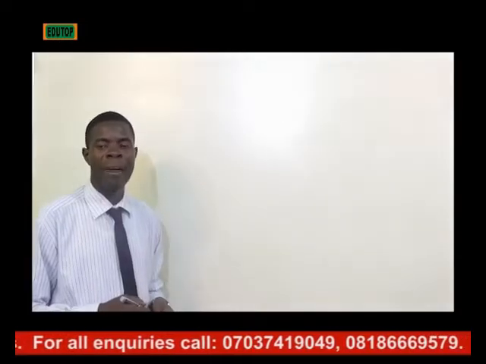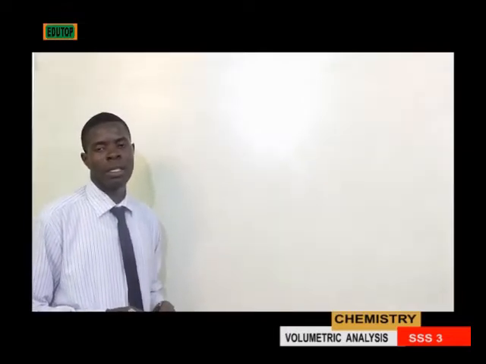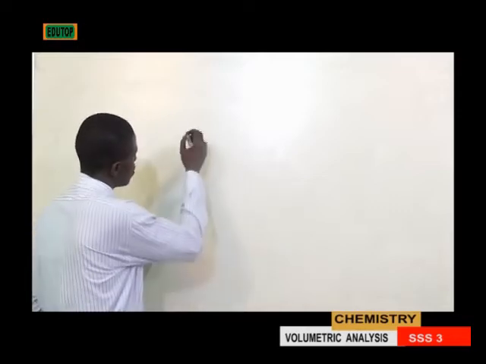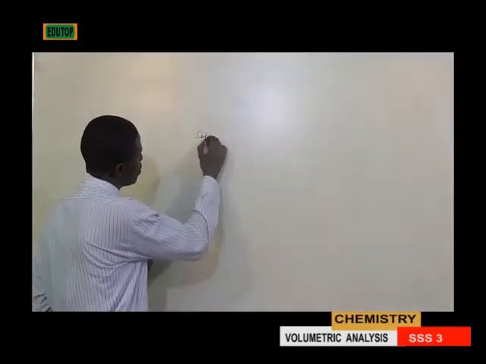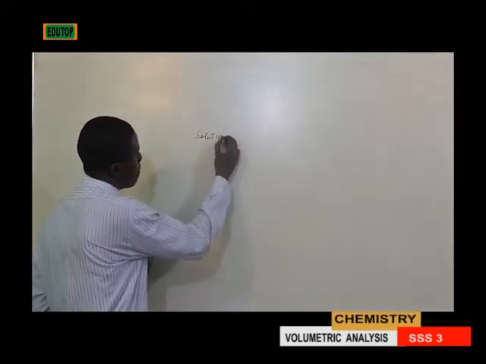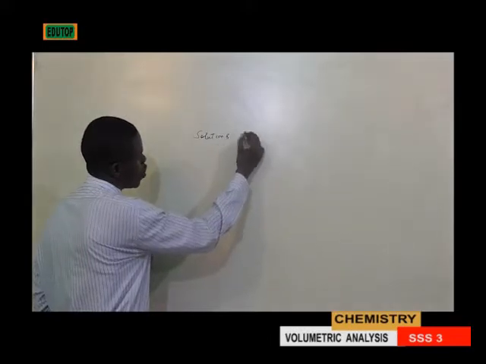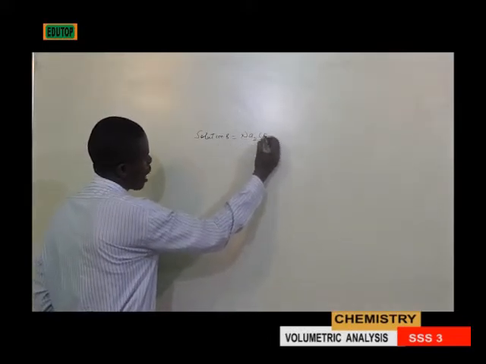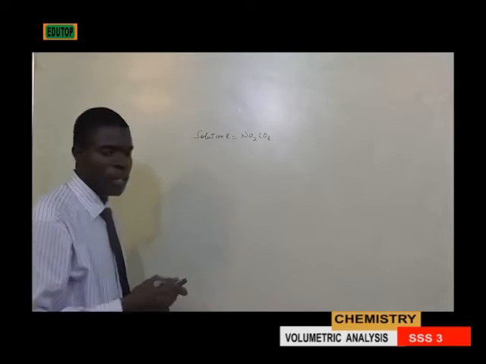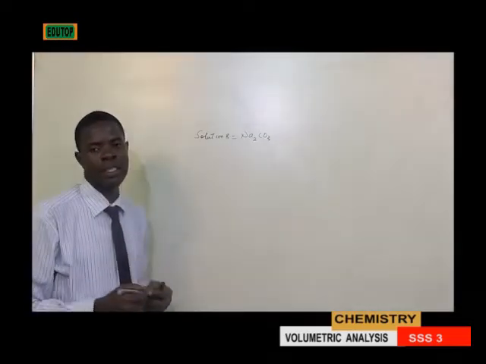Going by that, the first thing we have to do is to write the parameters that are given. In question number 1, it has been established that solution B is sodium trioxocarbonate, which is a weak base.